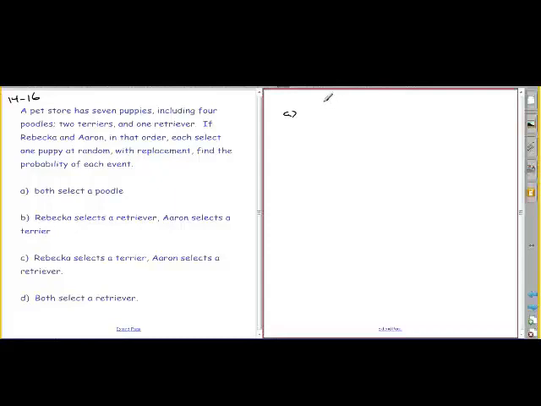So in the case of Rebecca, when she chooses the first dog, it's exactly the same as our previous case. We have 4 poodles out of 7. So that's the probability that Rebecca picks a poodle.